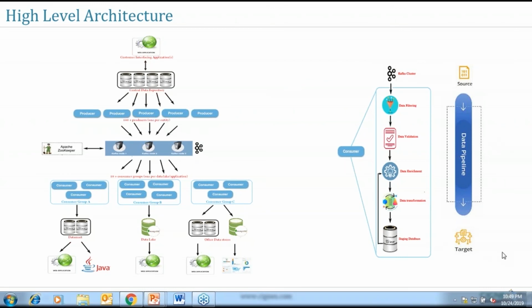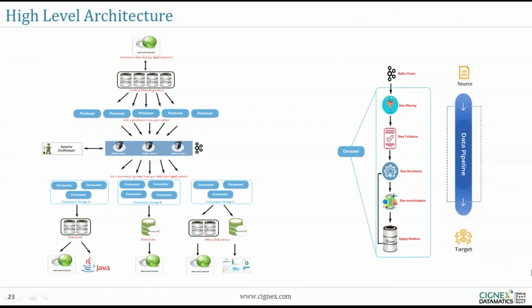On the right-hand side, we see the details of the basic high-level steps of the transformations that were needed while this second data store, the data warehouse, needs to be built. As you can imagine, from any traditional ETL pipeline, you would need to do data filtering, a lot of validation, and the most important part, enrichments and normalization.